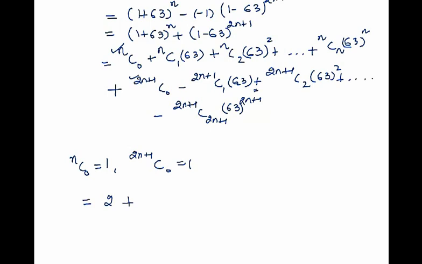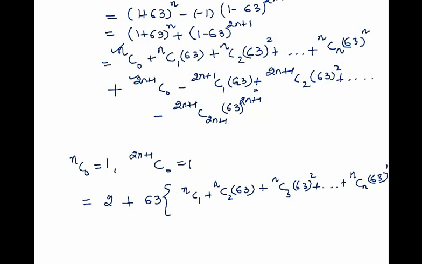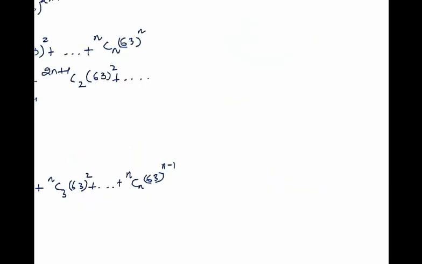Now we can see that 63 is present in all the rest of the terms in the expression. So we will be taking out this 63 as a common thing. So we are left with nC1 plus nC2 63 plus nC3 63 whole square, and it goes till nCn 63^(n-1) plus. Now we will start from the second bracket, and here it will not be a plus, it will be a minus sign because we will be starting from here.